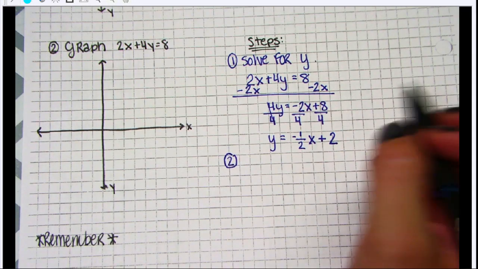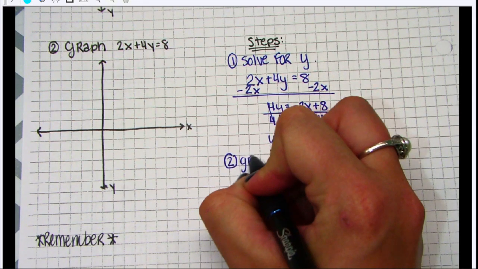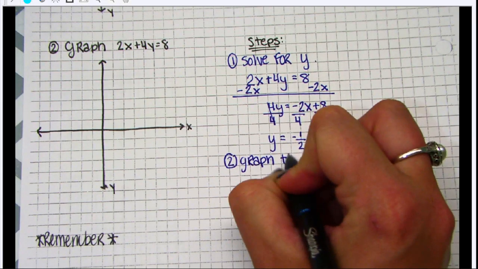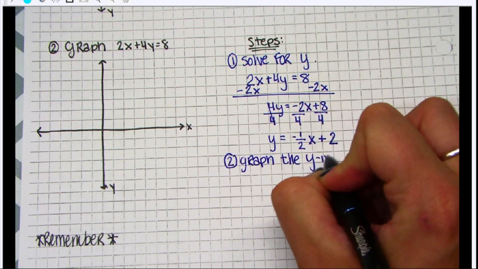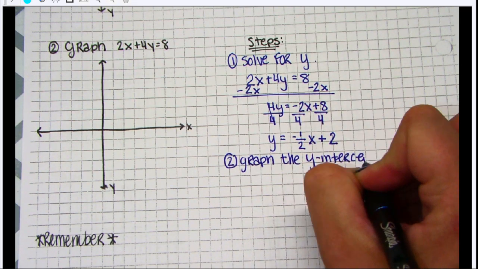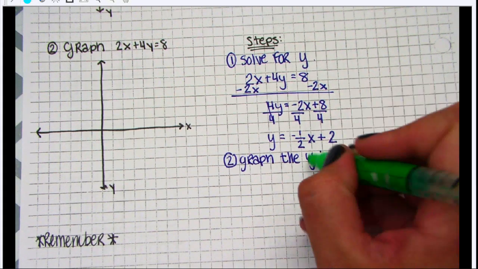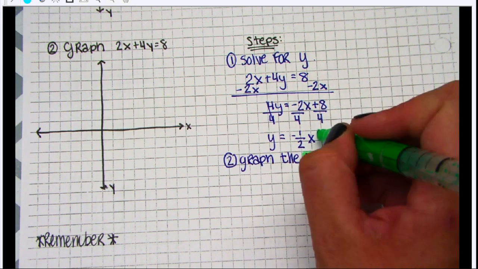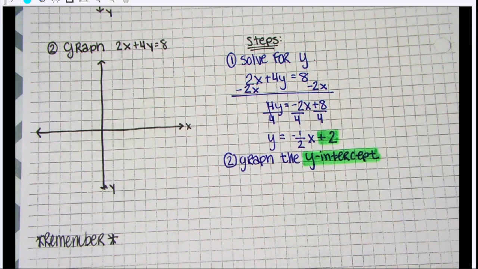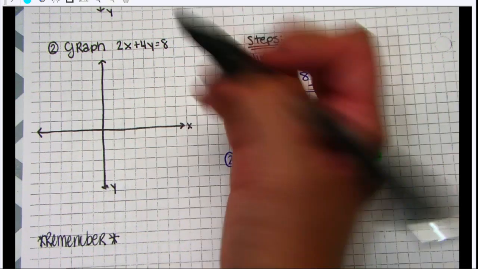So step 2 in this case is graph the y-intercept. So the y-intercept in this case is 2. So it's plus 2, which means I go on the y-axis and up 2. 1, 2.